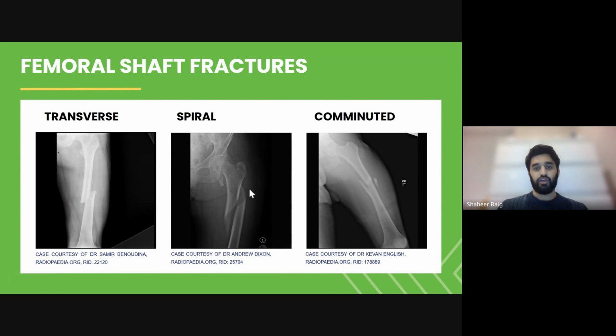We can get a spiral fracture, which is usually the result of a heavy object or heavy projectile, and also a comminuted fracture, which is usually the most common in a femur, because it takes quite substantial force to result in a femoral mid-shaft fracture. So usually these are comminuted fractures, and less commonly transverse and spiral.